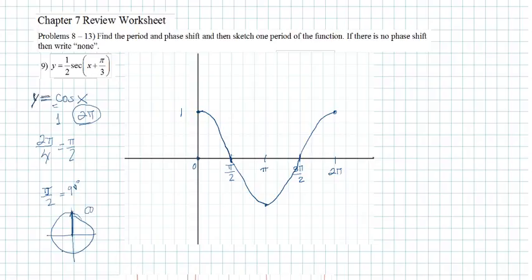So cosine of pi over 2 is equal to 0. Secant is the reciprocal, so when you do 1 over 0, you're going to have an undefined. And that means we have a thing called asymptotes.